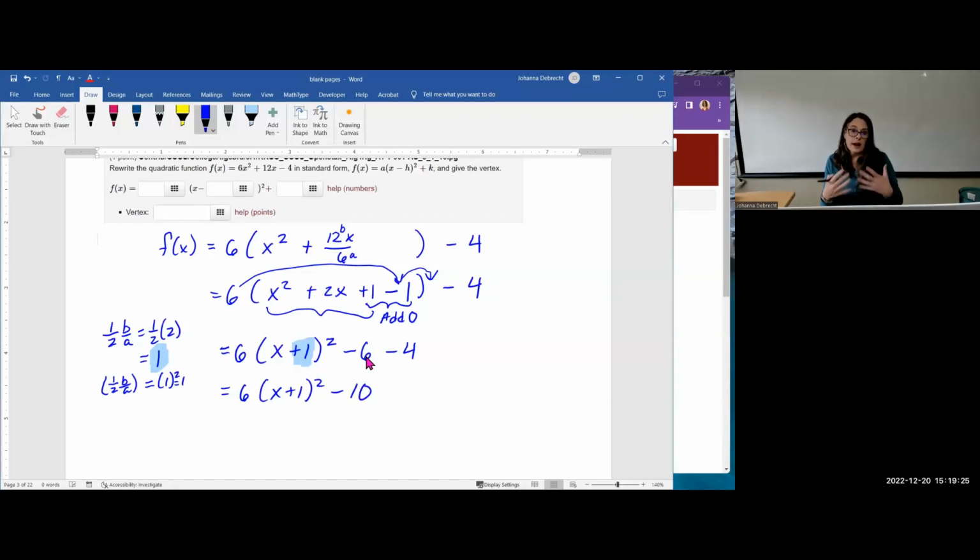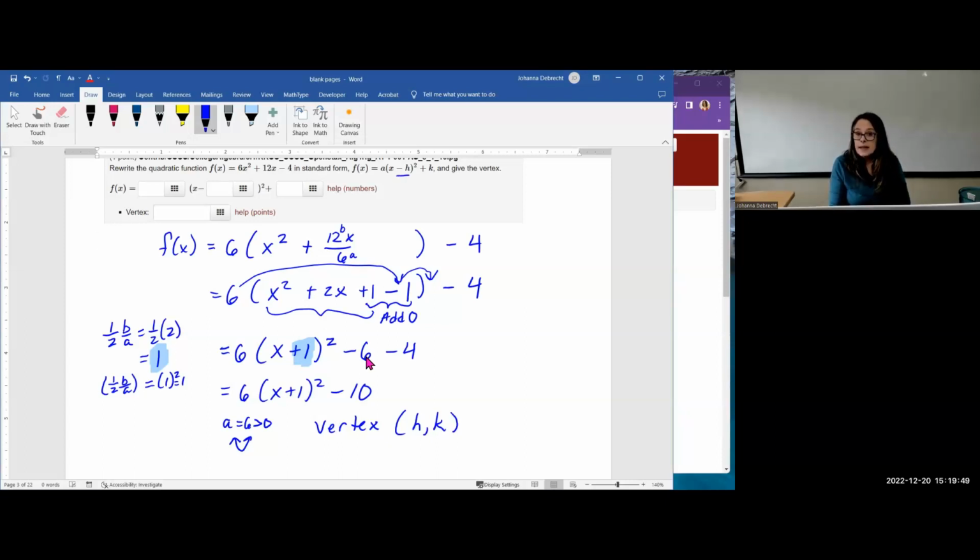Now we're ready to go ahead and pick off the vertex. So A is 6, which is positive, which means that it opens up. So it's got to look something like this. And we want the vertex. Now remember, the vertex is h, k, and the formula here is x minus h.